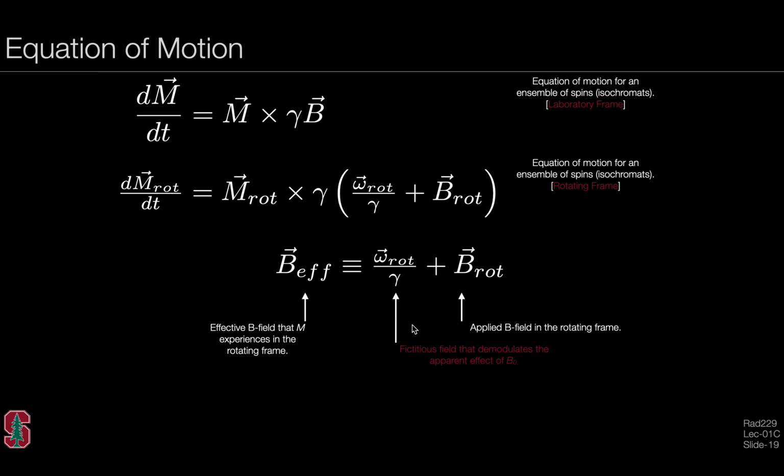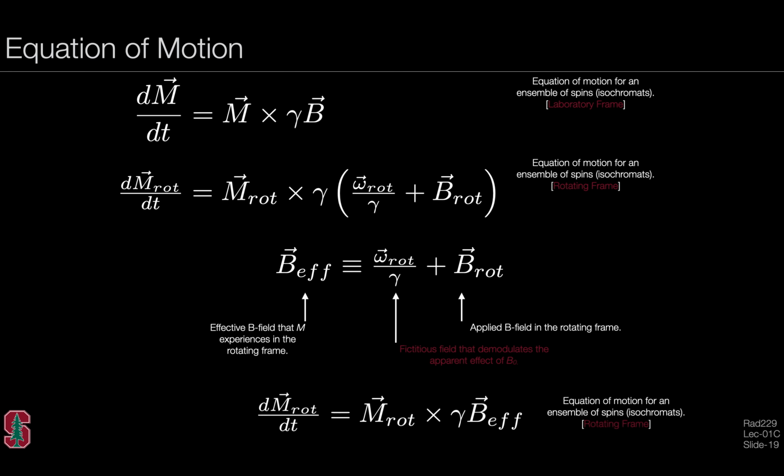And it's a combination of what we call a fictitious field that demodulates the apparent effective B0. And this is just taken as the omega rotational frequency divided by the gyromagnetic ratio. And then the actual applied B field, but described in the rotating frame. So we have to transform the physically applied field into the coordinate system of the rotating frame. And then this term will demodulate the precessional behavior.